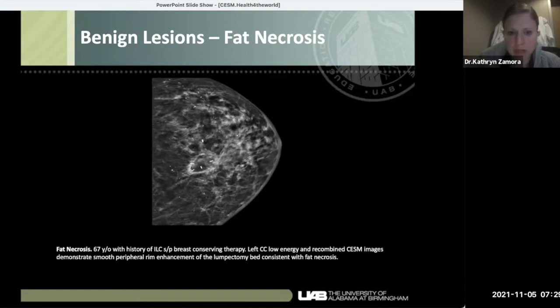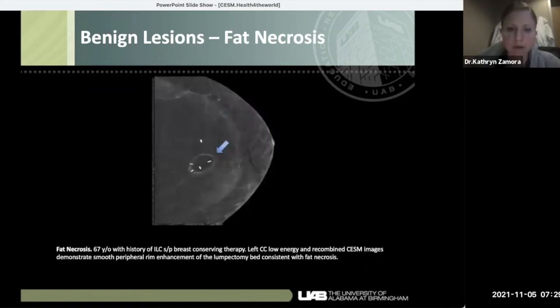Because she had dense breast tissue, we would normally do annual MRI examination, but she is unable to undergo MRI, so we are doing annual contrast enhanced mammography. You can see here on the recombined images in her lumpectomy bed, she has this nice, smoothly demarcated area of fat necrosis around her lumpectomy bed, which is benign.